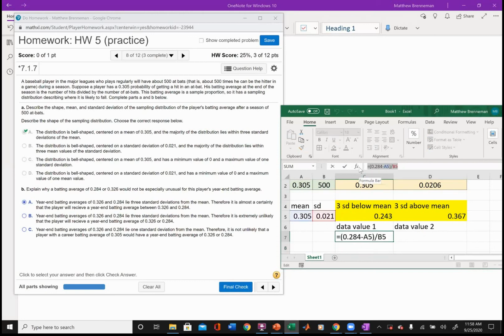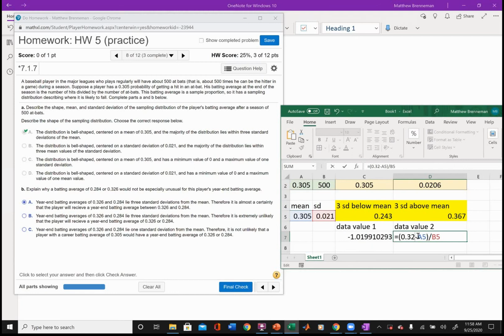And again, copy and paste this, go over to here. Yeah, and I'm just going to say plus. But I'm also going to have to change this value too, right? I'm going to have to change this to .326.